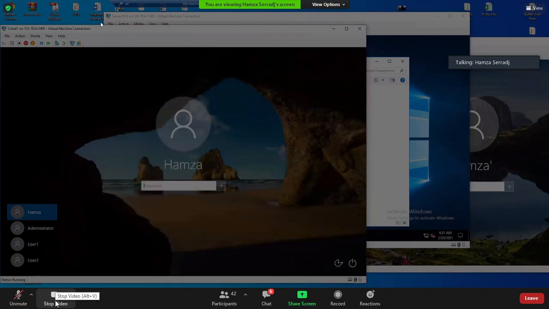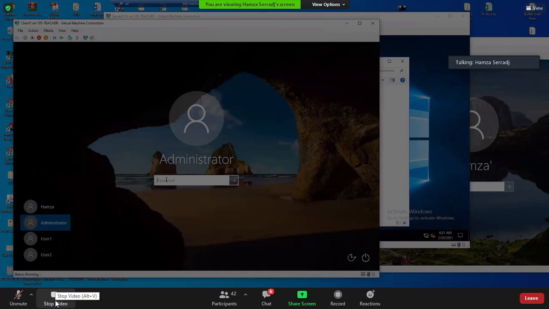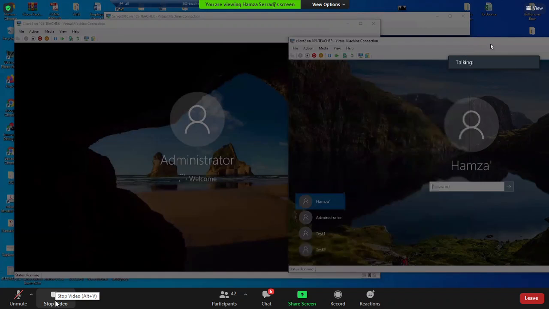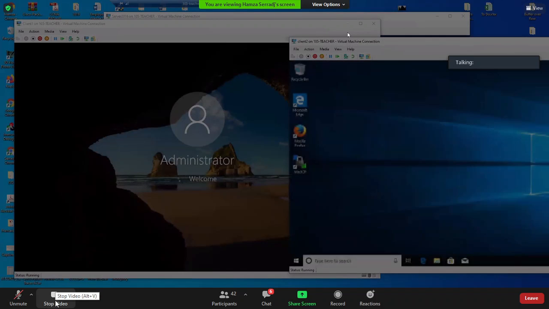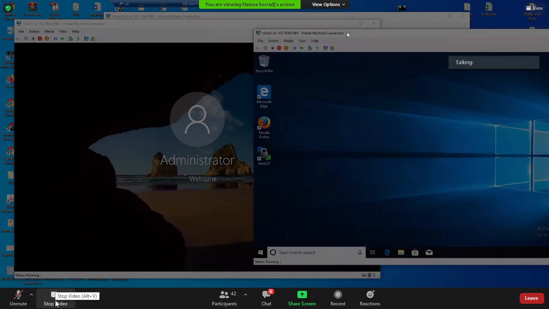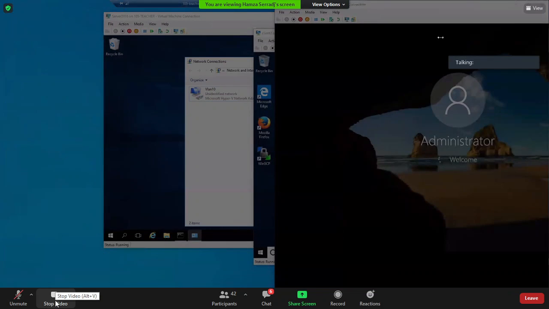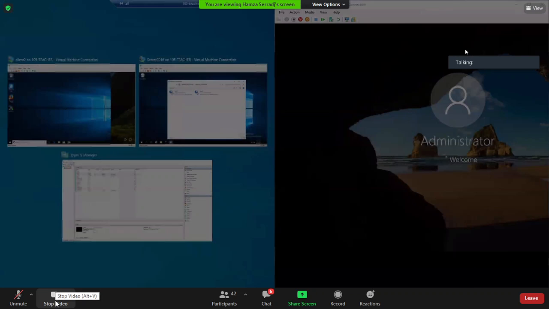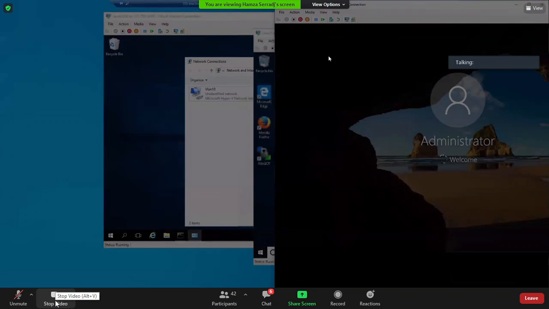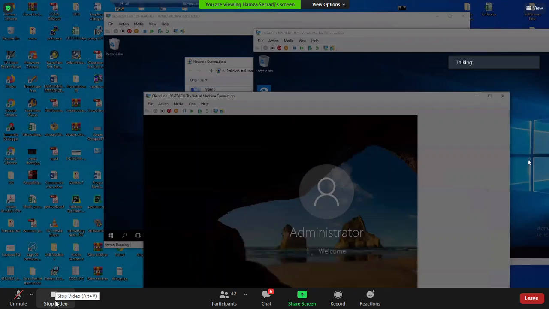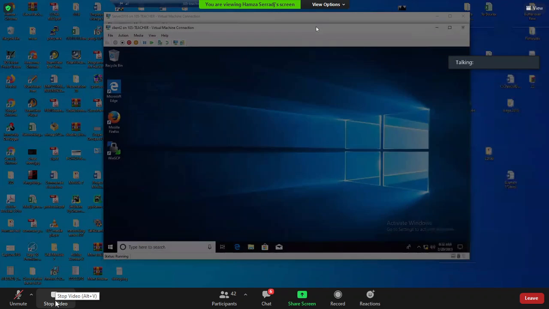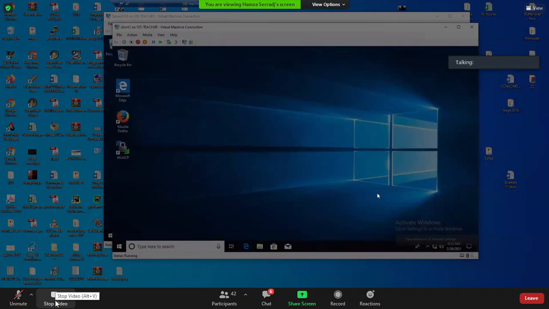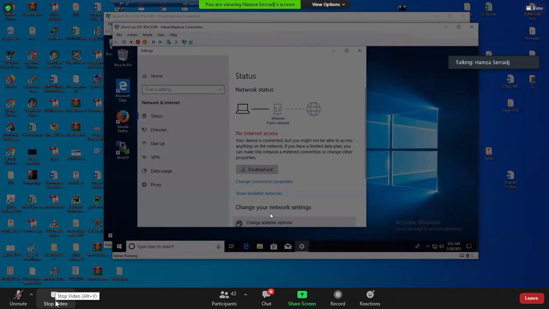Okay, now let's take this one here and go and configure it on VLAN 10. And let's log on also in this one. All right, open change adapter options.